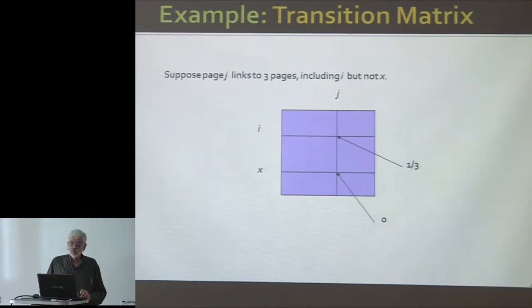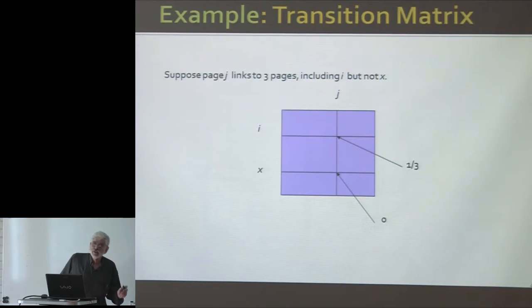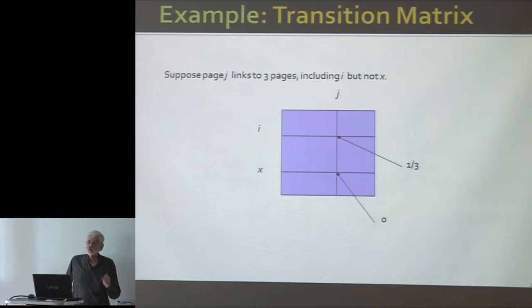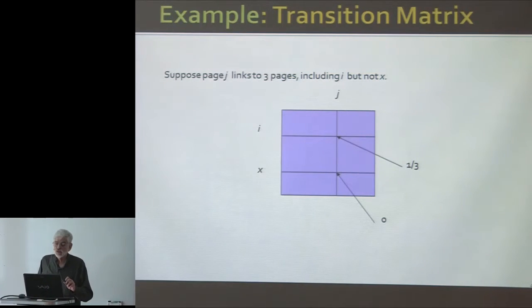So, for example, if j links to 3 different pages, and i is one of them, then you get 1/3 in row i and column j. If x is not one of the pages that j links to, then there'll be a 0 in the row for x and the column for j.